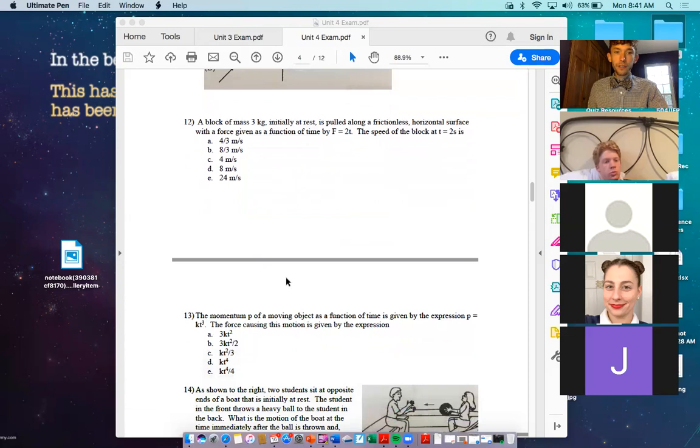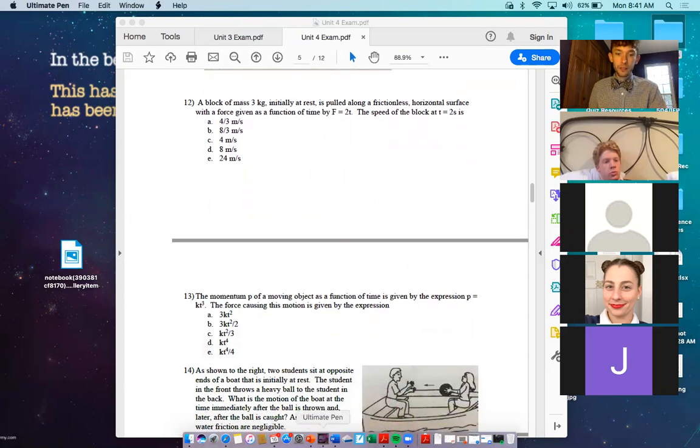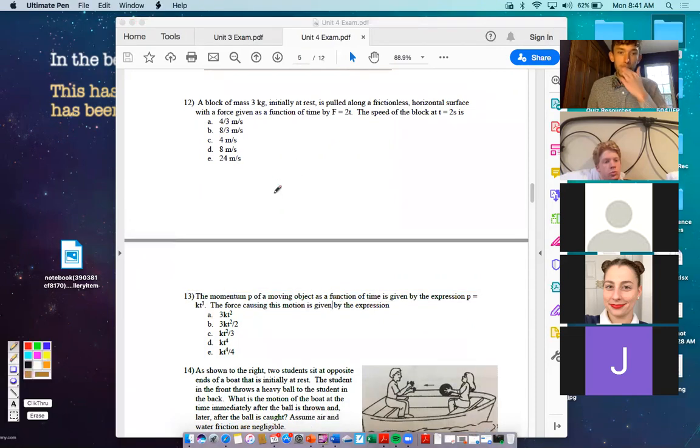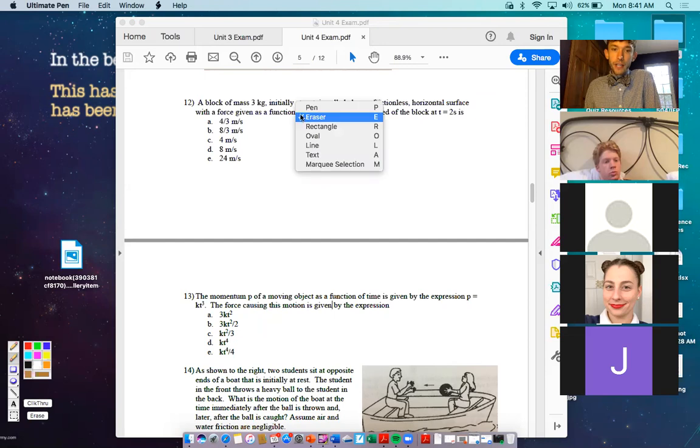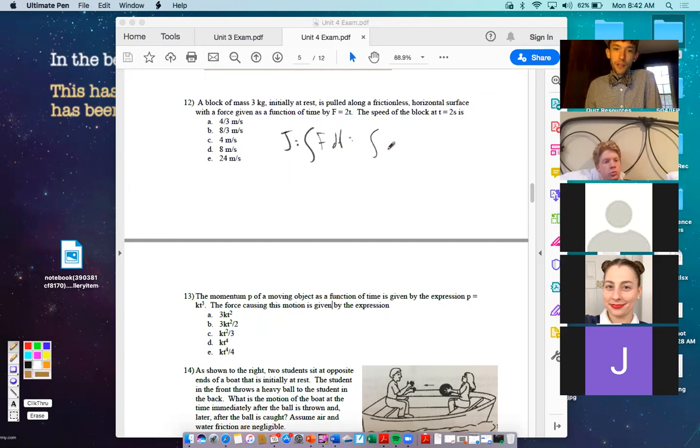Question 12. Okay. All right, so there's several ways that we can do this. We can recognize that impulse is defined as the integral of force with respect to time, which is going to be the integral of 2t dt from 0 to 2. You do that, and you're going to get 4 kilograms times meters per second.